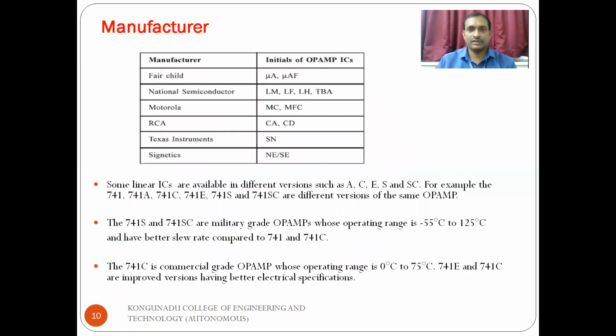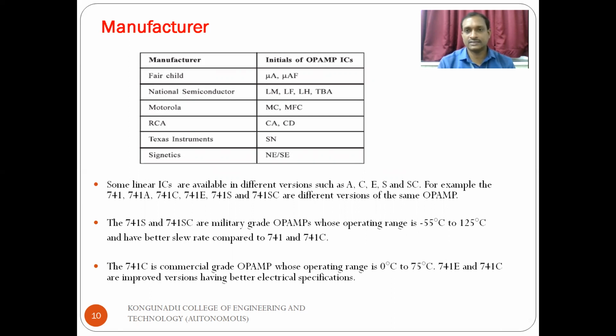So these are the different manufacturers. The famous manufacturers of the op-amp ICs are Fairchild, whose initial is mA or uA, National Semiconductors, Motorola, RCA, Texas Instruments, Signetics. So these are the famous IC manufacturers.